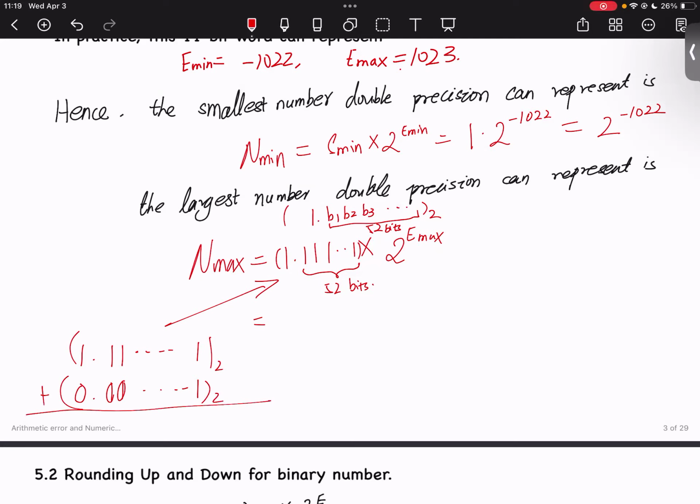In binary operation, if you have 1 plus 1, you get 2, right?